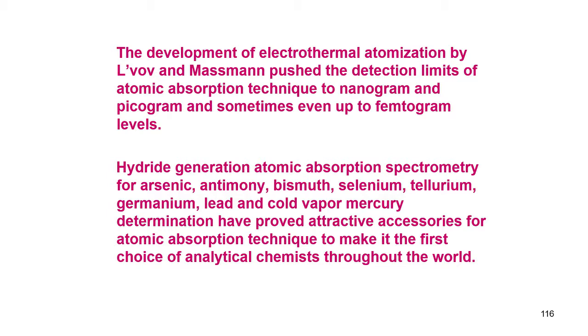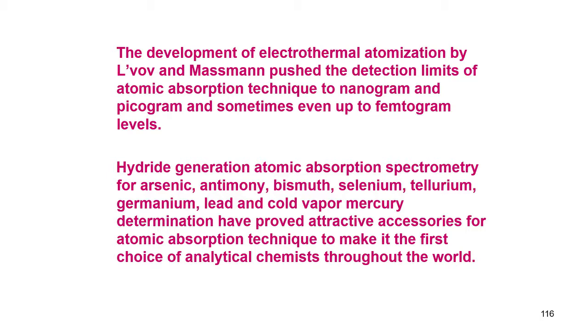Then came another development, that is hydride generation atomic absorption spectrometry. This technique could be used only for elements which produce metal hydrides. These elements include arsenic, antimony, bismuth, selenium, tellurium, germanium and lead. But it is rarely used for lead nowadays.